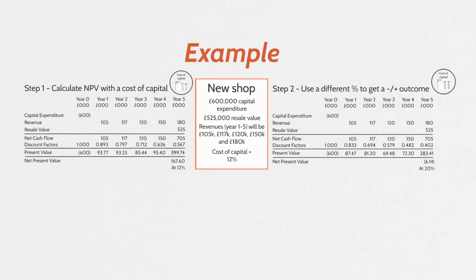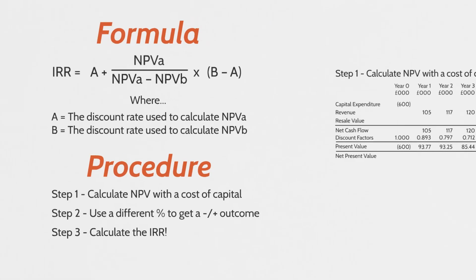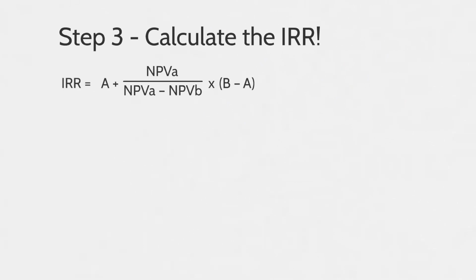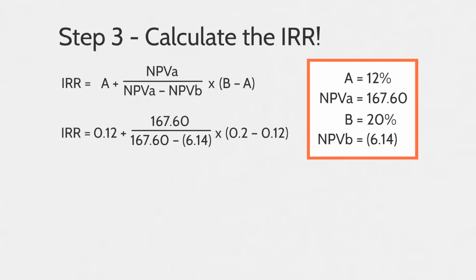So let's look back at the procedure and the formula. We now have our A, our NPVA, our B, and our NPVB figures. So we can calculate the IRR using these various different figures. So I've put the formula back on the screen for you, and also got a summary of the figures on the screen for us. And it's now simply a case of adding in the various different figures into the formula and working through the calculation.